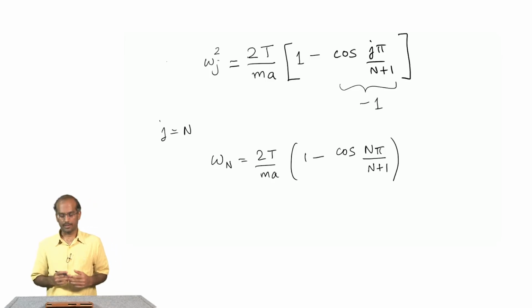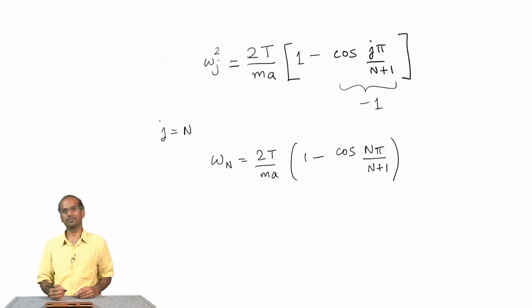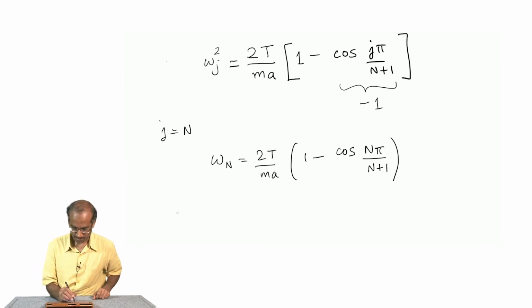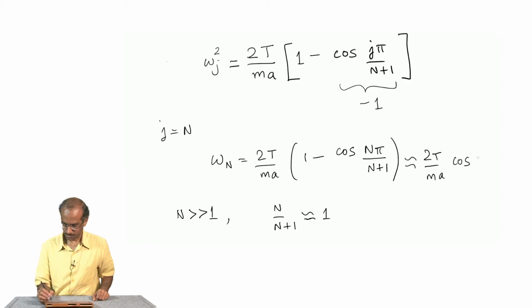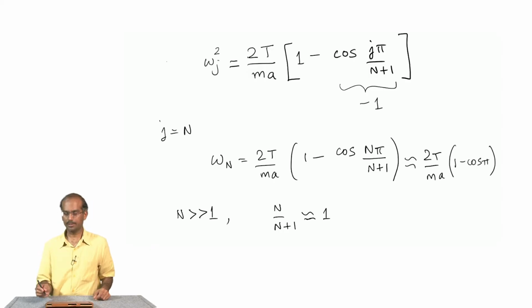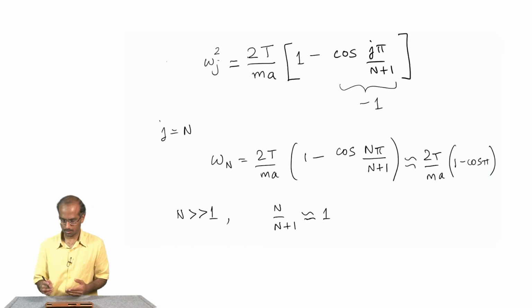And of course, if n is sufficiently large, in the limit when n is much greater than 1, n by n plus 1 is approximately equal to 1, in which case this whole thing simply boils down to 2T by m a into 1 minus cos pi, and that is simply equal to 2. So, this would just be equal to 4T by m a.